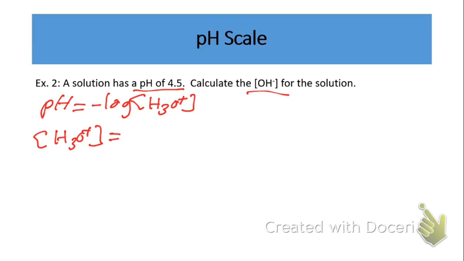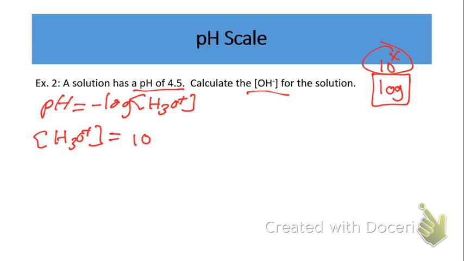So to find the H plus, or the hydronium ion concentration, what we have to do is take the inverse of the negative log. On your calculator, where you have your LOG button, above it there is usually a 10 to the X button. That's the button you need to push to get the inverse log base 10.